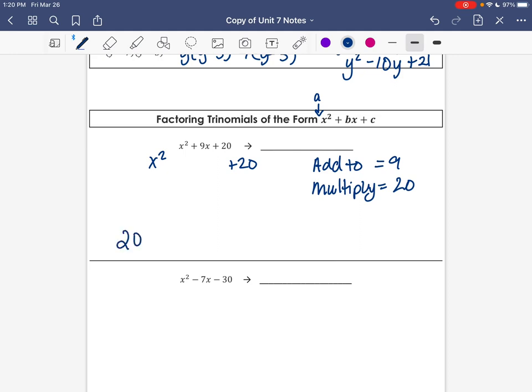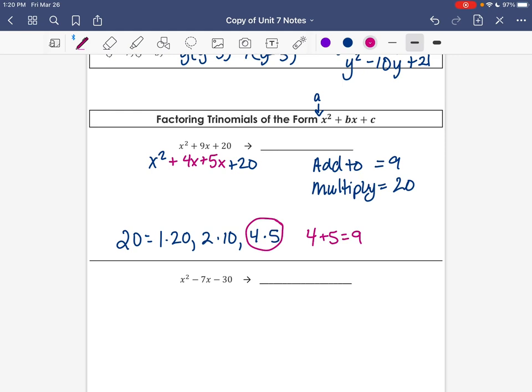So 20 could be 1 times 20, 2 times 10, 3 doesn't work, and then 4 times 5. So which of those add together to equal 9? Well, the answer is 4 times 5, because 4 plus 5 equals 9. So in the middle right here, we're going to put plus 4x and plus 5x.